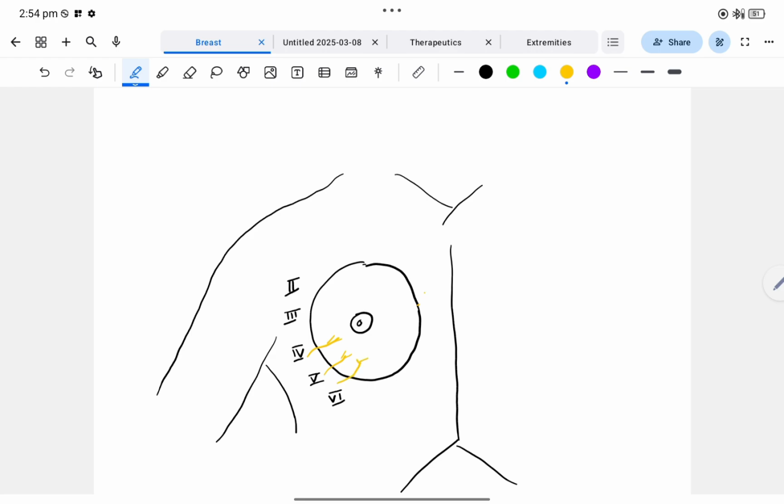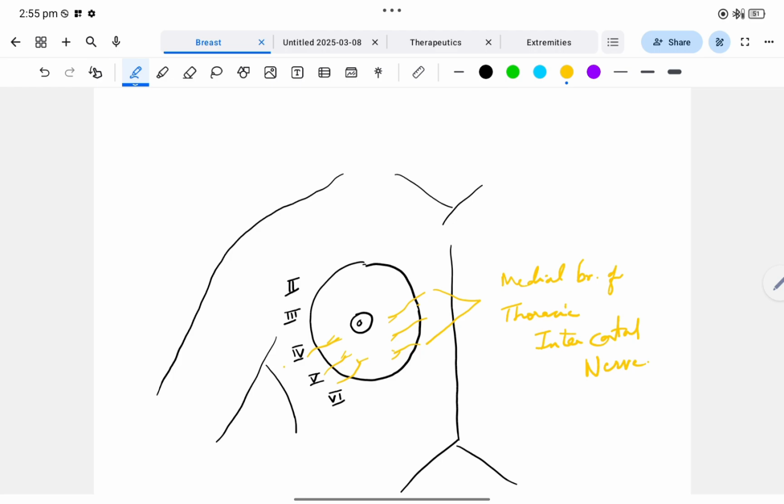These are the nerve supplies. So these branches are the medial branch of thoracic intercostal nerves. We have seen that arteries and veins also arise from the intercostal area.